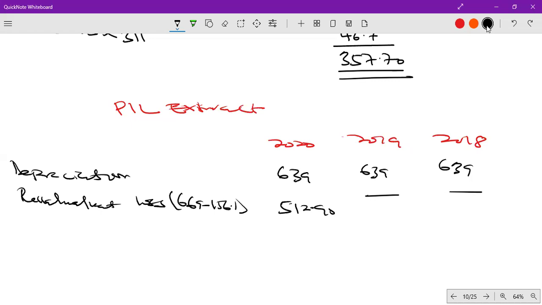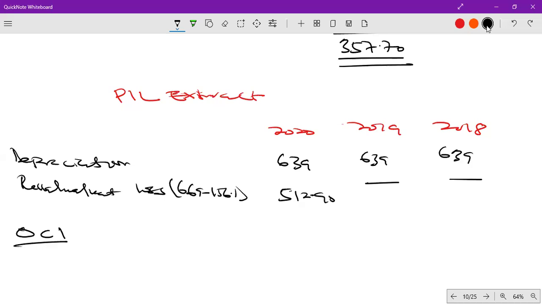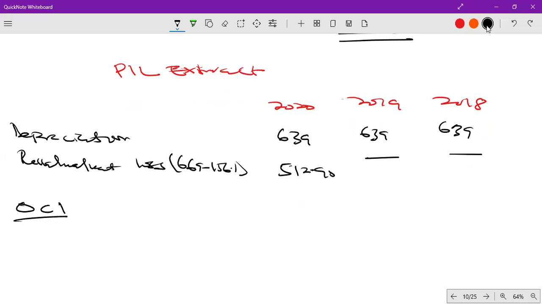Okay, so let's come to OCI, other comprehensive income. Under the OCI, what are the things that we have to bring? We have to bring the revaluation gain or loss.